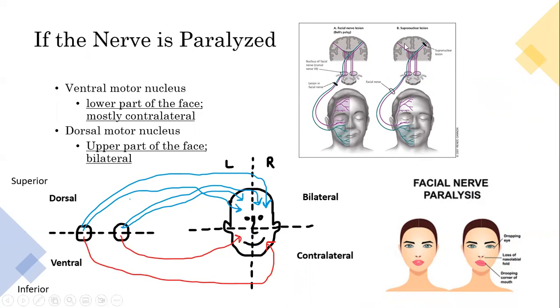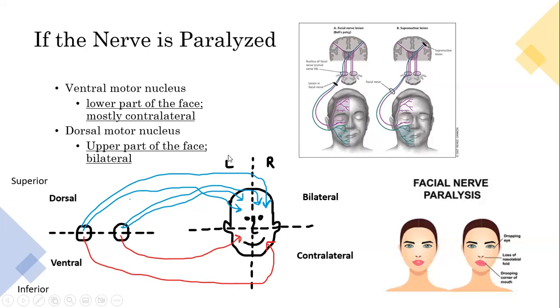For example, up here they have a little lesion marked as supranuclear. That's before they cross over, so it's going to be just the bottom left side of the face. Then over here, it's past the nucleus, and it's a lesion of the facial nerve, so it's going to be half of the face. It's interesting to see that.